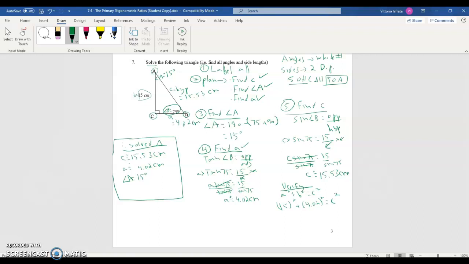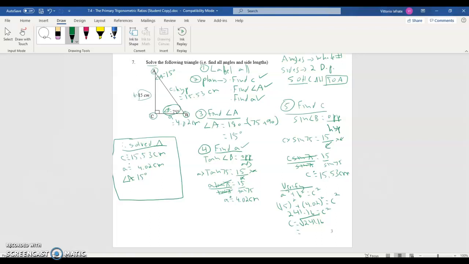So we get 225 plus 4.02 squared. 4.02 squared is equal to, so we have 241.16 is equal to c squared, and so c is equal to the square root of 241.16, which is equal to 15.53.